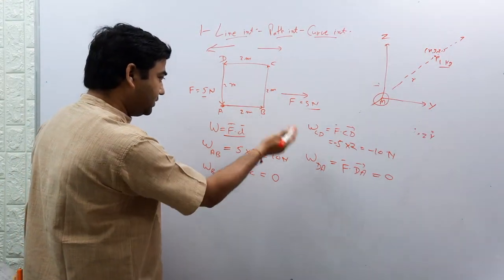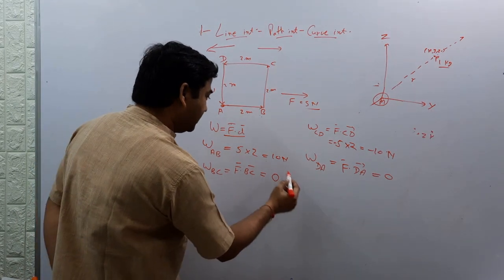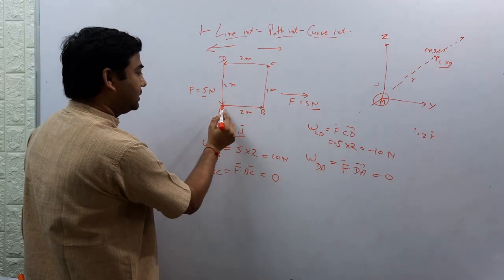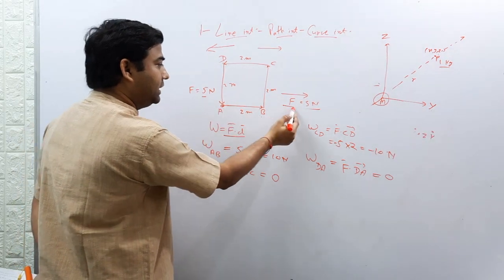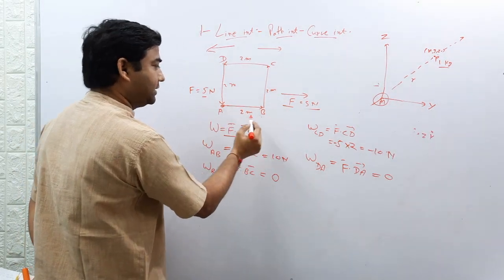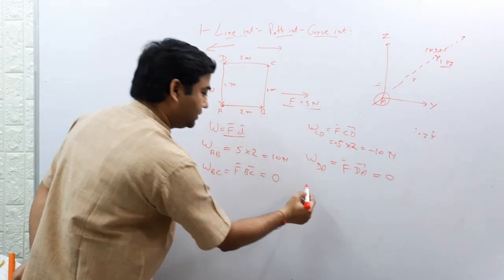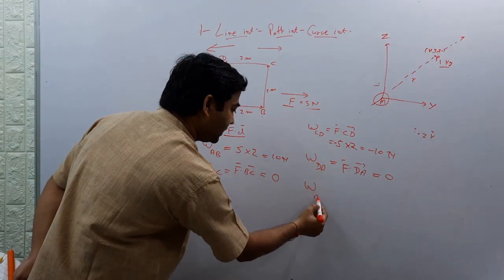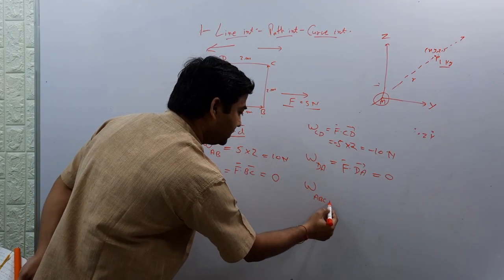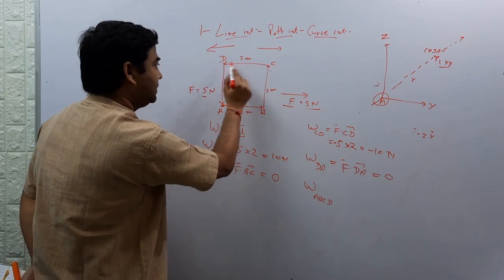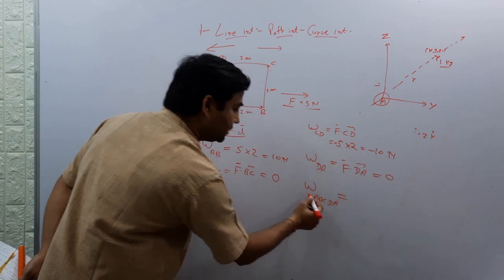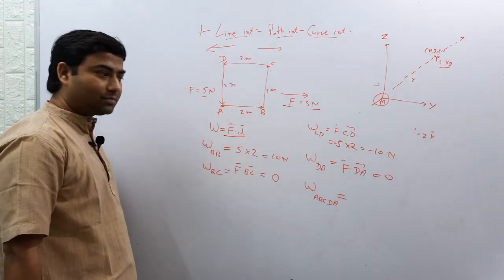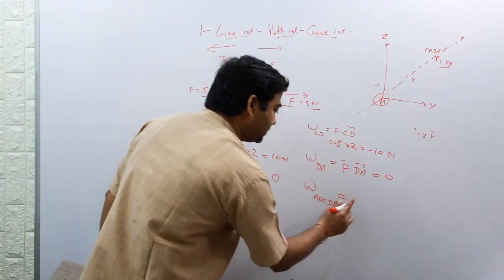Here is one important thing: when we carry out the dot product of a field and displacement vector over a closed path, that is A B C D A, that is a closed path. This is called circulation.